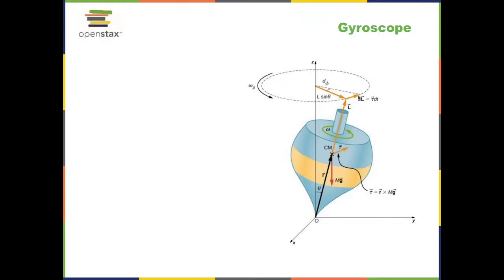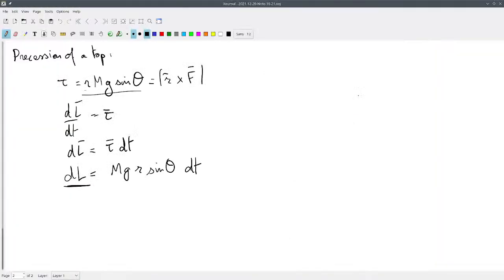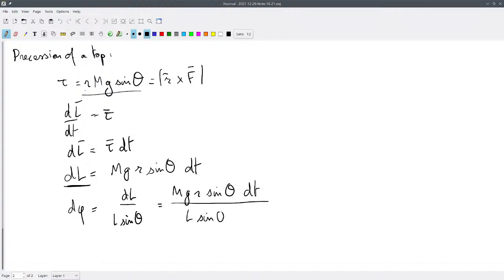So d phi is dL over L sine theta, which is m g r sine theta dt over L sine theta, and that's equal to m g r over L dt.